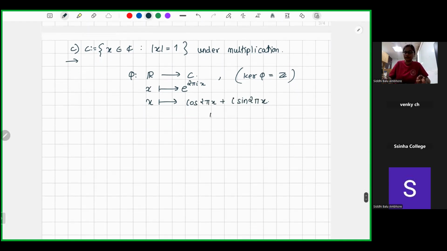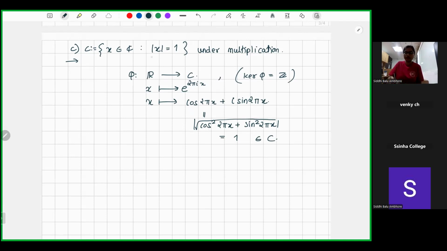Okay, and the mod of this thing, what is the mod of this? The mod of phi of x is the square root of cos square 2 pi x plus sine square 2 pi x, and this is 1. So this belongs to my set C. And you can also see that the converse is true.